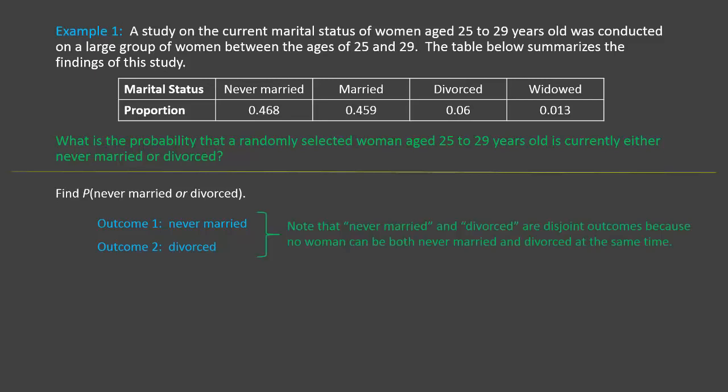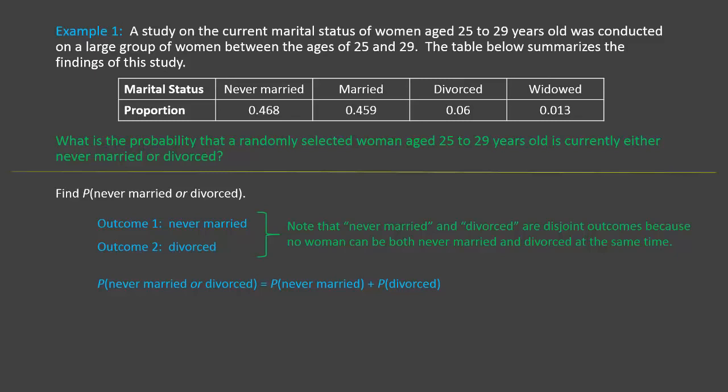Note that these are disjoint events because no woman can be both never married and divorced at the same time. Thus, we can use the addition rule for disjoint events. So the probability that the woman is either never married or divorced is equal to the sum of the two individual probabilities.